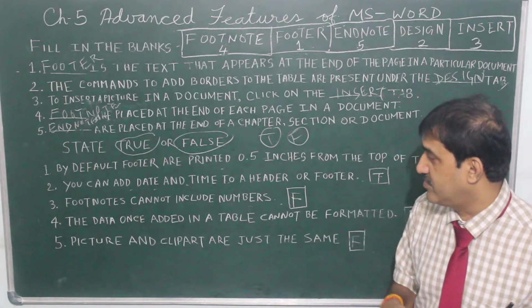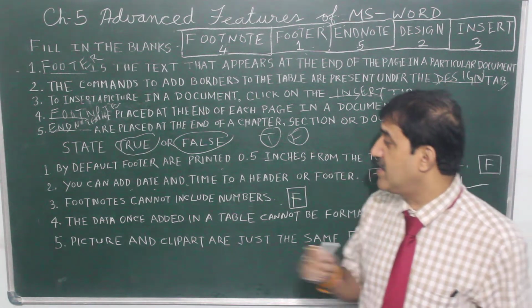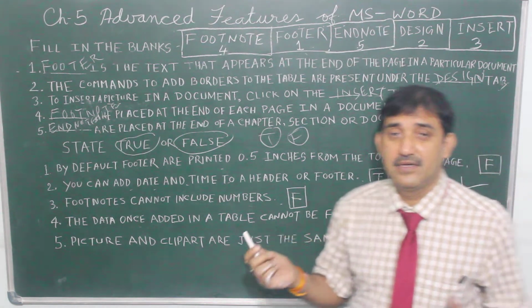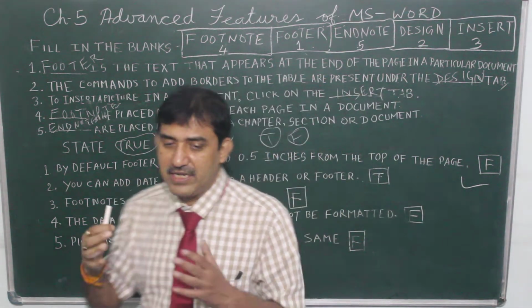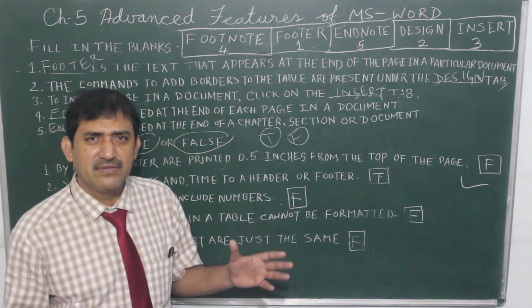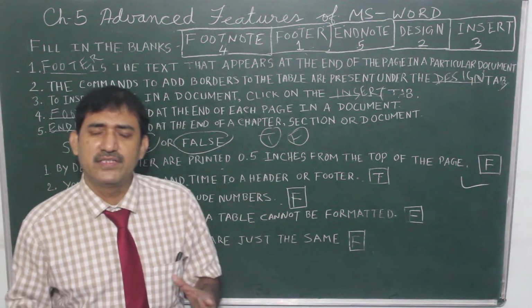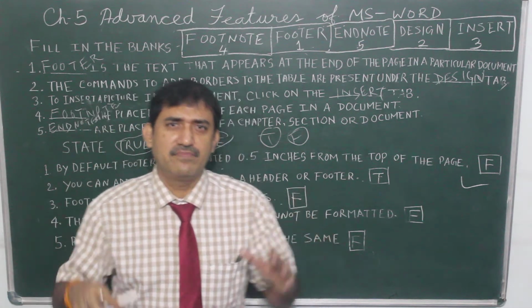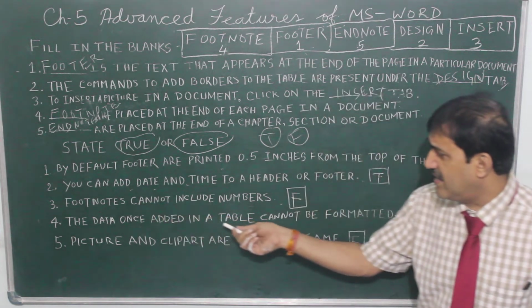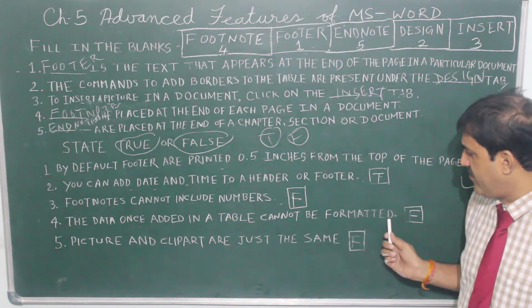Next: the data once added to a table cannot be formatted. Once you have put the data inside, can it be formatted? Yes, we can change the format of the particular data. So in this case, the statement that data once added to the table cannot be formatted is false.